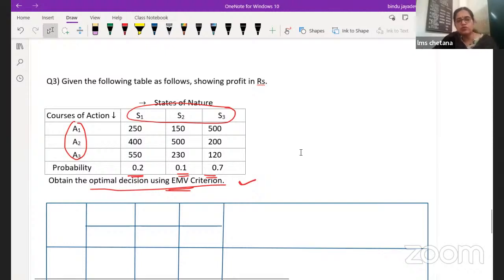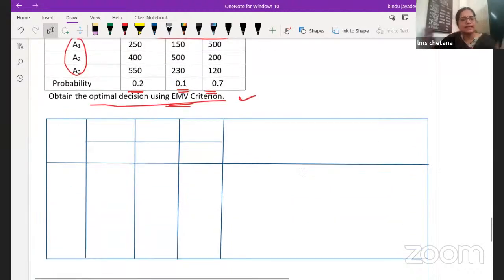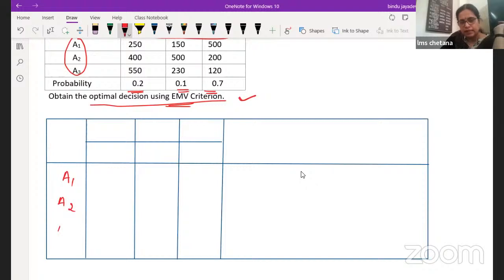But when you construct the table, just make a table. A1, A2, A3 on the right side, and here make S1, S2, S3, because in the question it is S1, S2, S3.